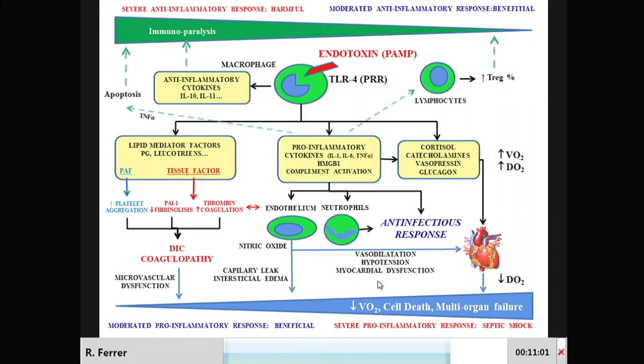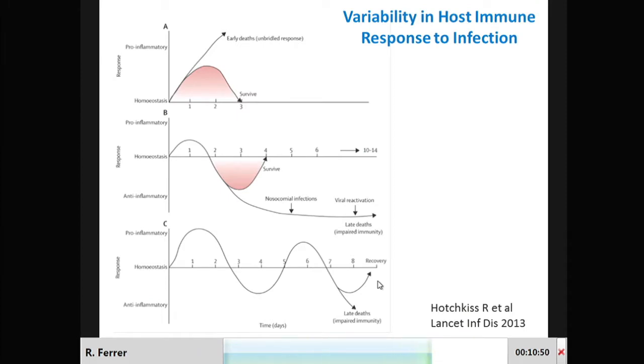On the other side, some patients could have an increase in the anti-inflammatory mediators with an immunoparalysis. The consequence is that some patients are going to have early deaths because of this excess of inflammation. Most of them are able to survive, but others are going to die in the late phase because of the immunoparalysis.